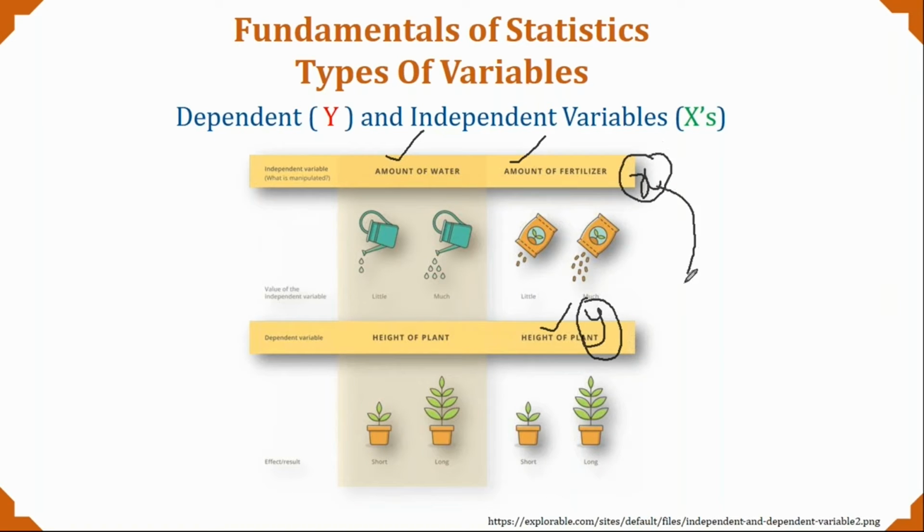Changing the x variables, you will have a change in the y variable. If you put little water and little fertilizer, your plant will be short, obviously. If you put much water and much fertilizer also, it will be short, right?